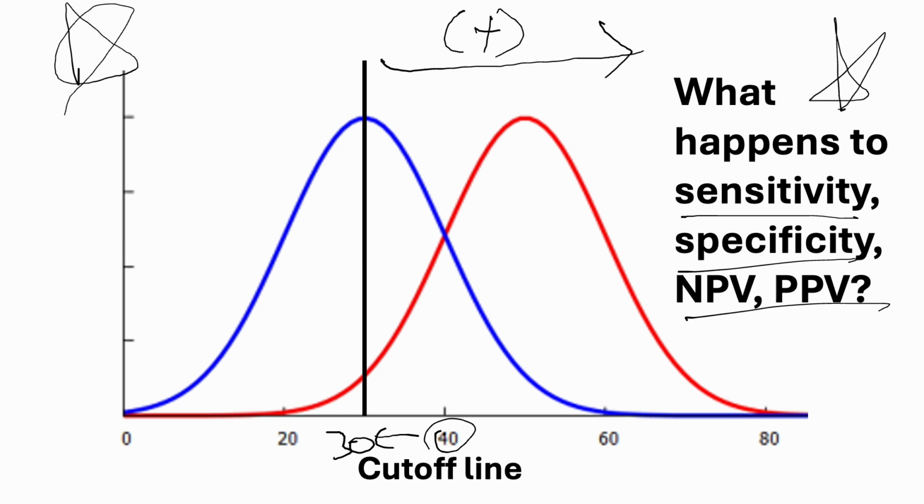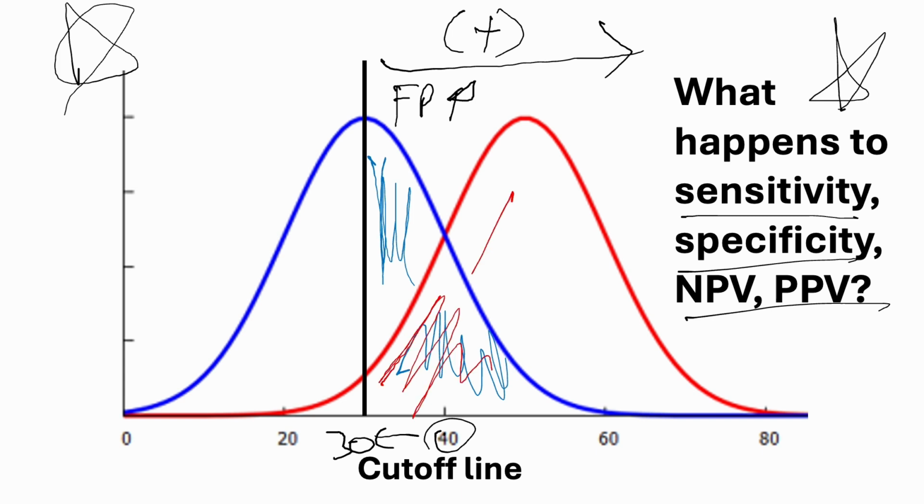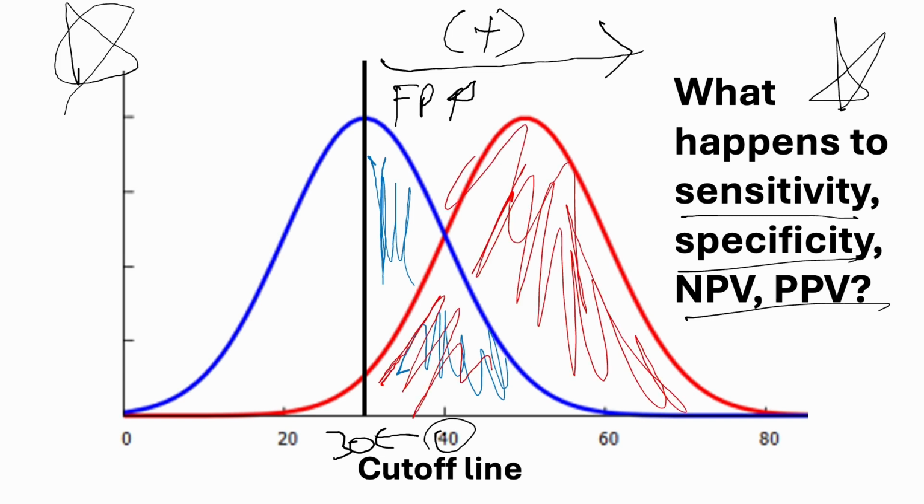Looking at the chart, we're going to have a lot more of these negatives that are now being called positives, so we have a lot more false positives. But on the flip side, we also have basically the entire population of the true positives being called positives. So our true positives increase.